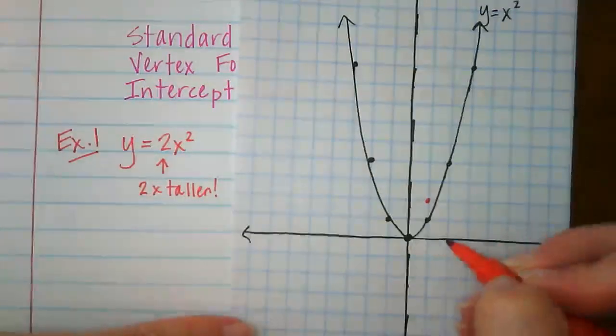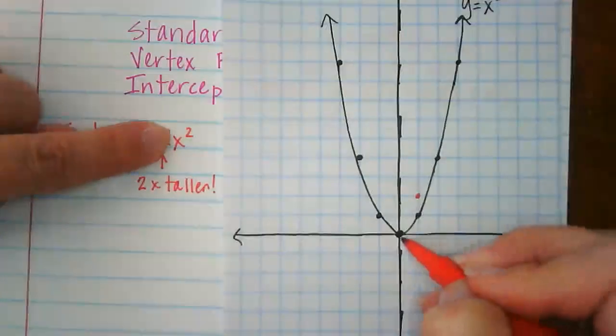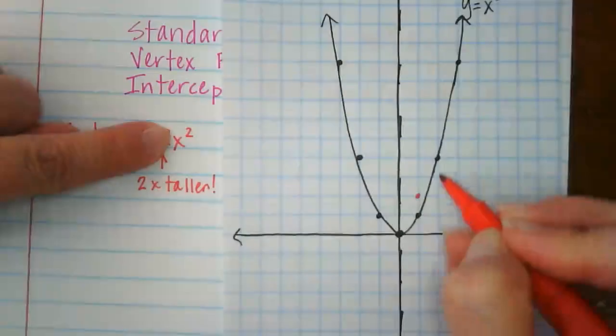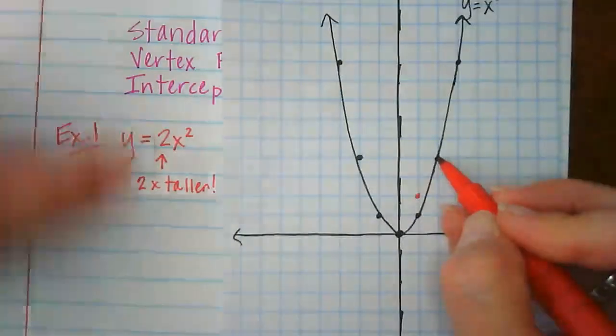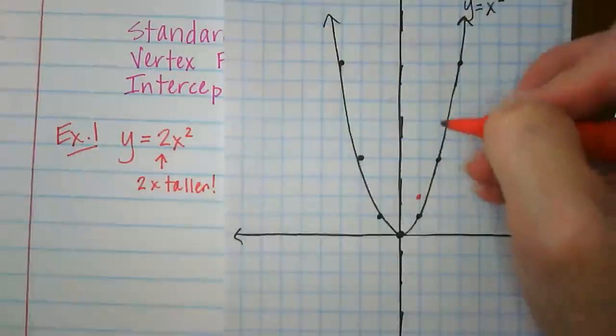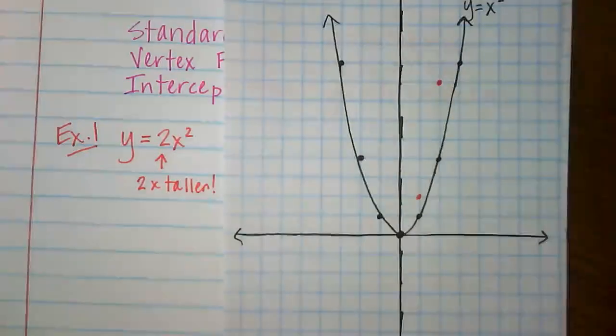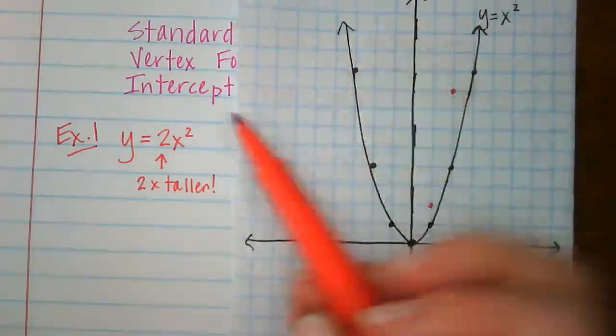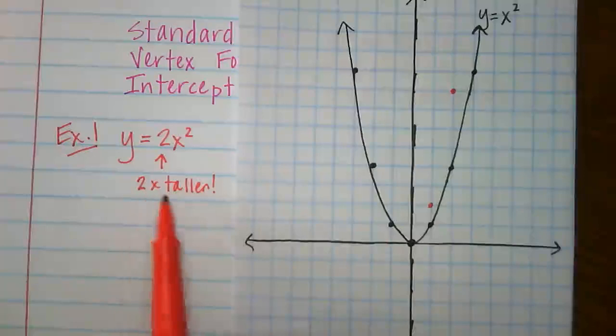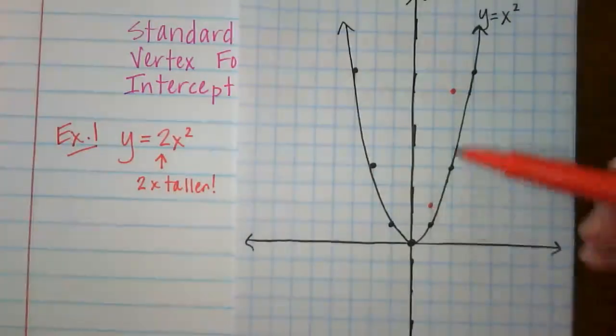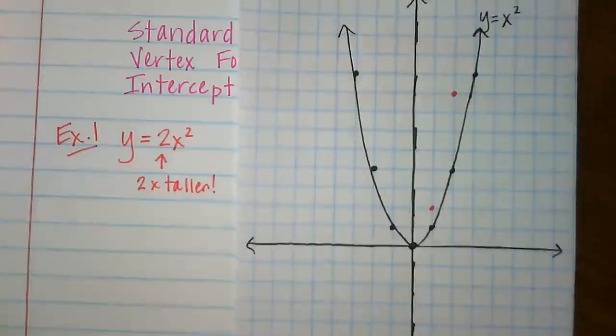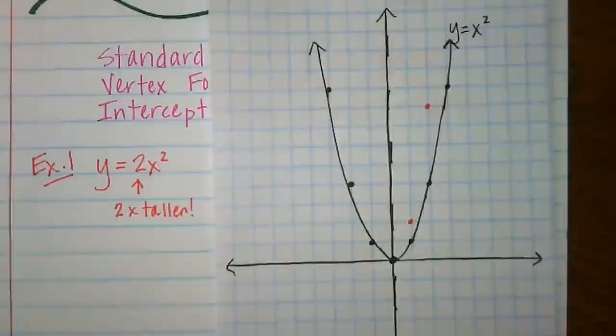All right, now let's fill in 2 for x. If we fill in 2 for x, we square it, we get 4, but we have to multiply that by 2, which means we're going to go up 8. So this number right here is making our points 2 times taller than a normal parabola would be.